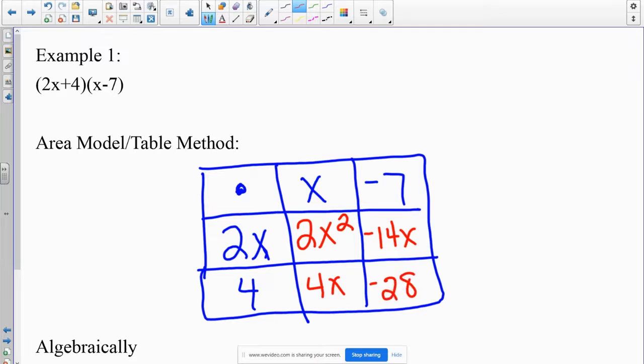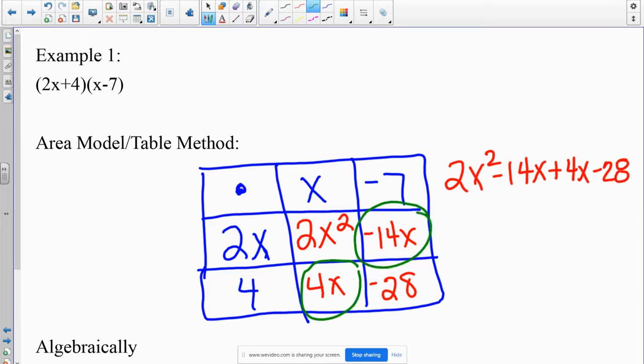Now, when you write this off the side here, we have 2x squared minus 14x plus 4x minus 28. You're going to notice that there are two boxes that have the same like term. So we have to go back to adding like terms, and you're just going to combine these two together to make one term.